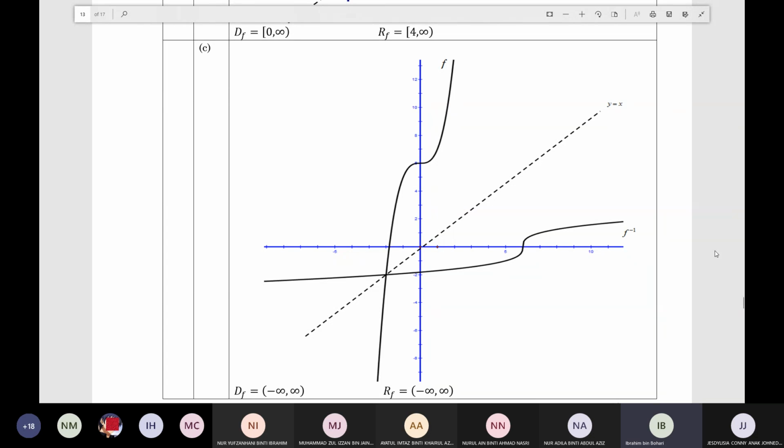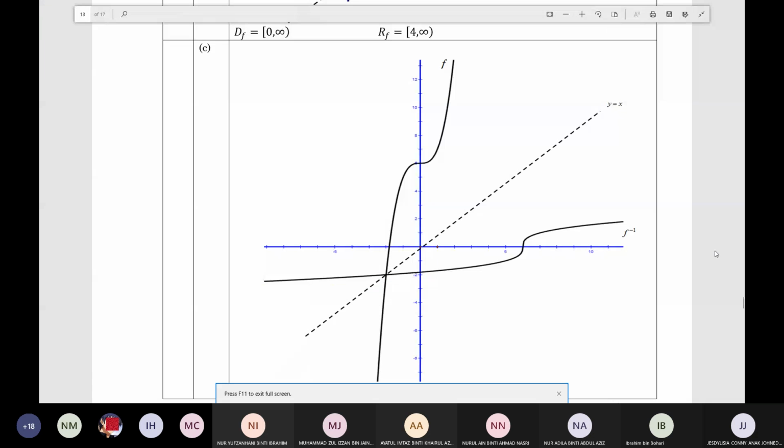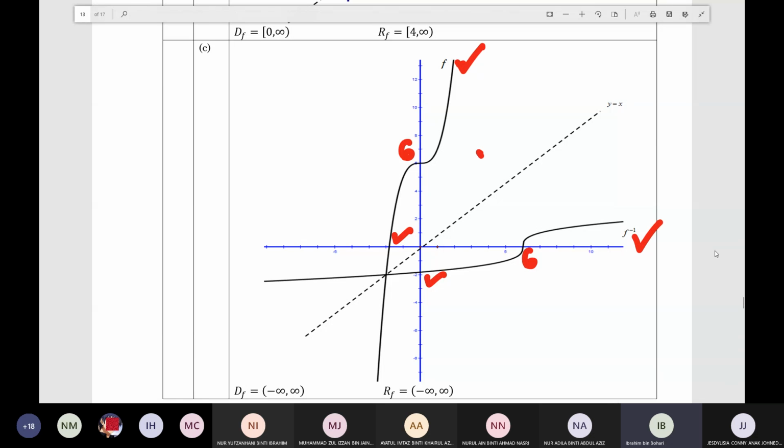So graph of the f(x), this one, yang atas ini. This one you label the y-intercept here equal to 6 and here equal to 6. x-intercept here negative 1 point something. Nanti you check calculator. And ini pun sama. Okay, you label the x-intercept and the y-intercept of the function. And labels the graph of the f(x) and the graph of the inverse function. Dia akan jadi macam ini.